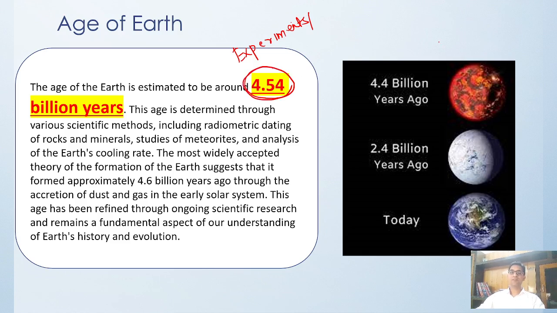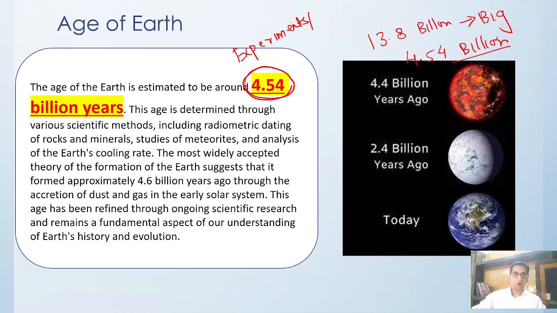So 13.8 billion years is the Big Bang, and Earth is 4.54 billion years old. So Earth had to take a long time. It formed about 9 billion years after the Big Bang.